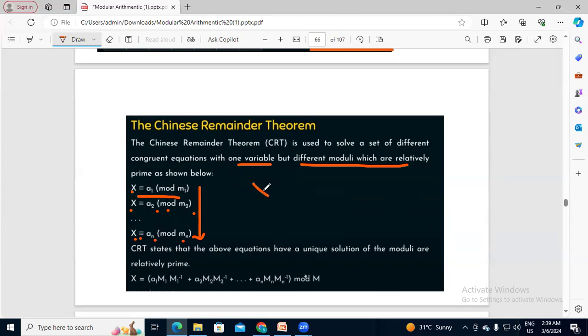The x is common, and it is congruent to different values. So the x value can be computed, and CRT will help you come up with the x value.